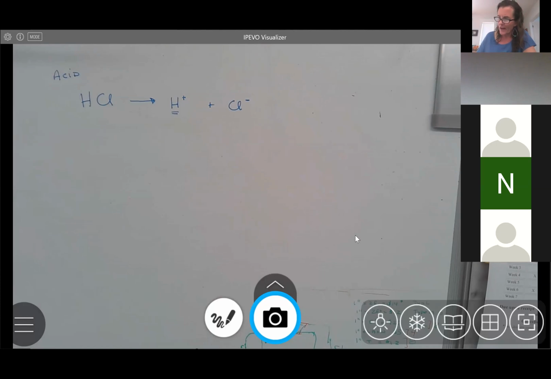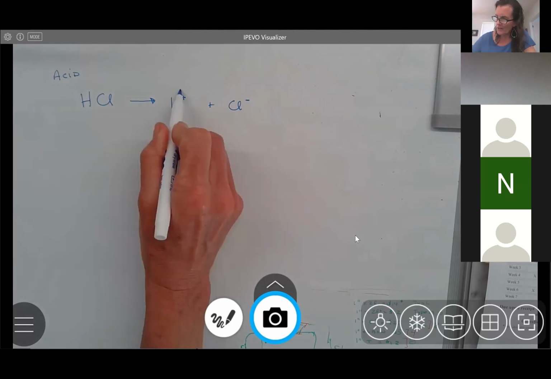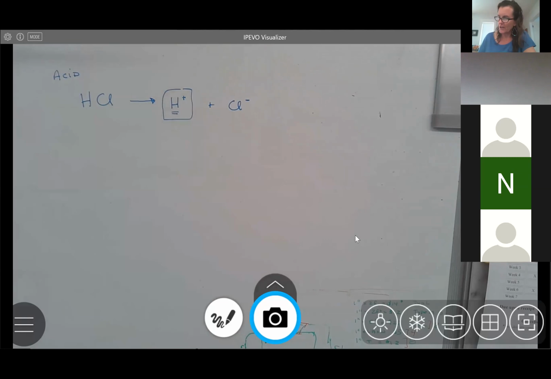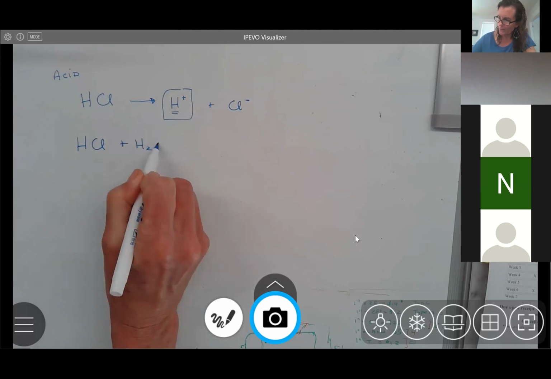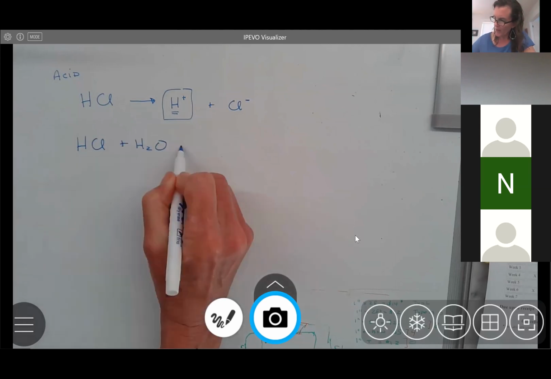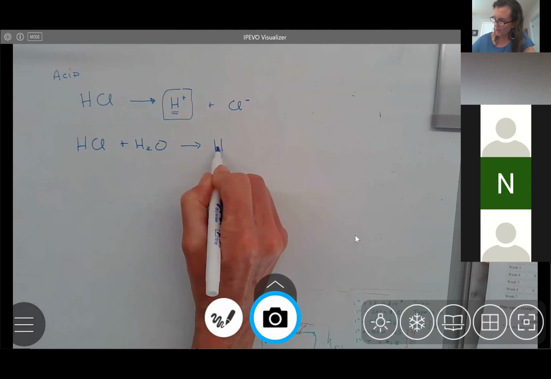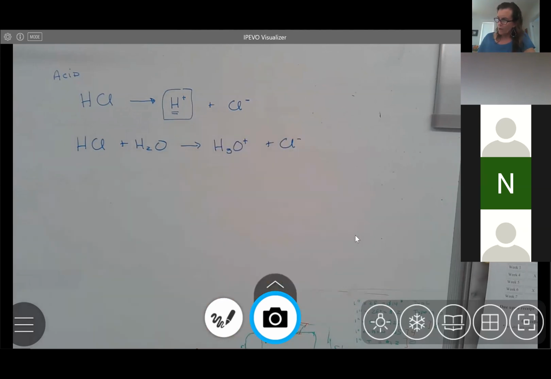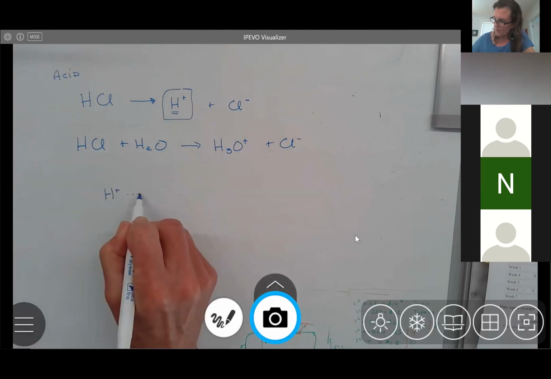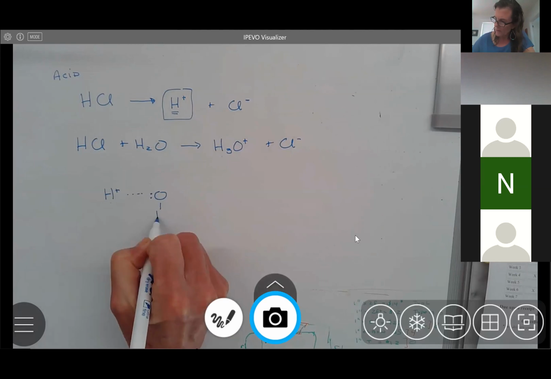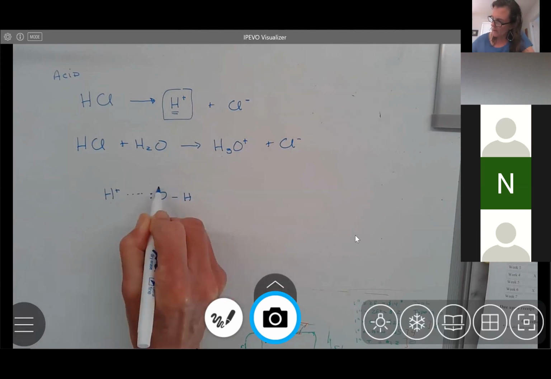It's worth noting that H plus does not exist alone in solution in water. What actually happens is HCl, when you put it in water, makes H3O plus and Cl minus. The H plus, when it's freed up, always combines with water, and it makes this.